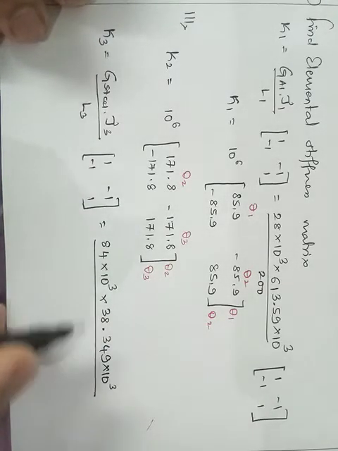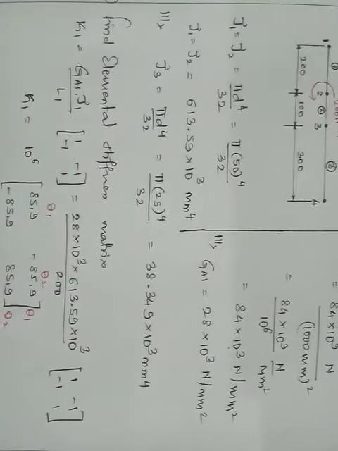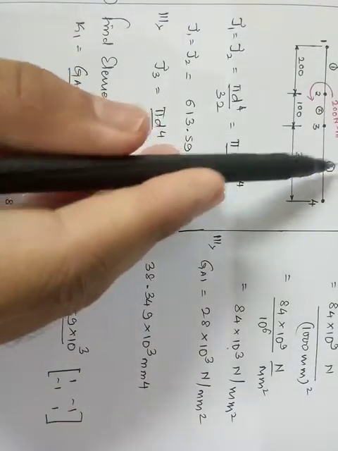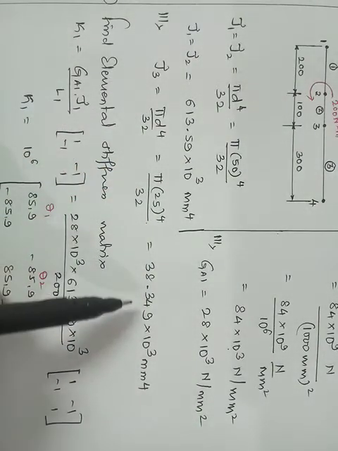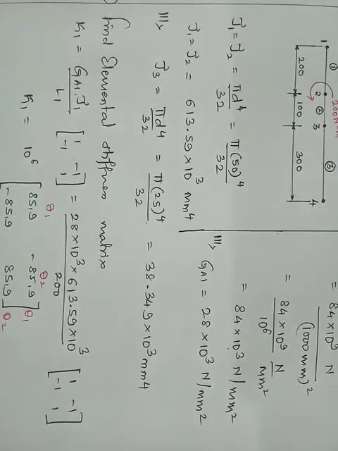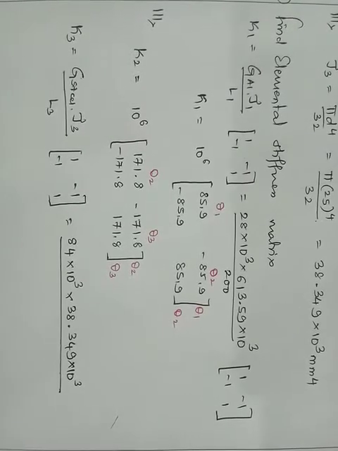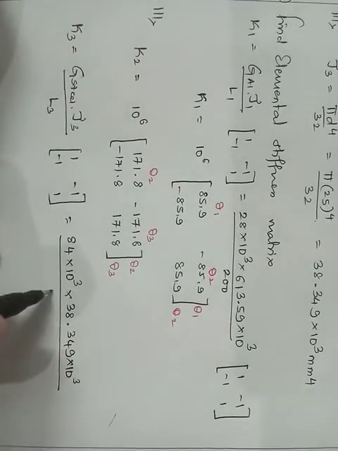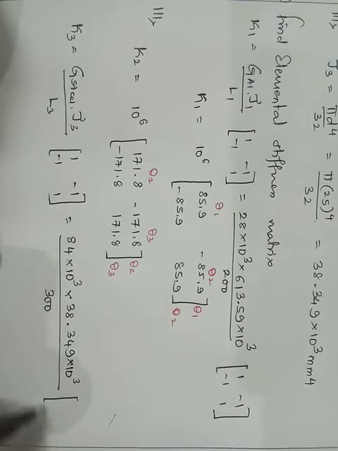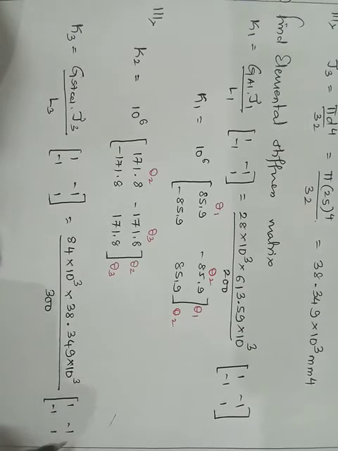L3, length of element number 3, is 300, right? So I am utilizing these two things. Here it is 300, times 1 minus 1, minus 1 and 1.